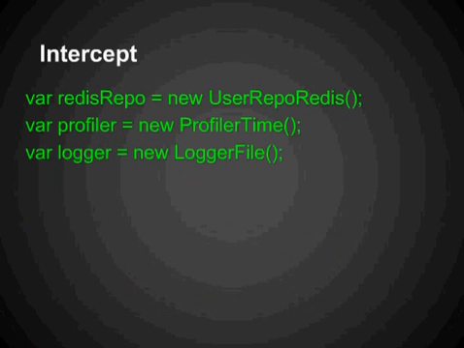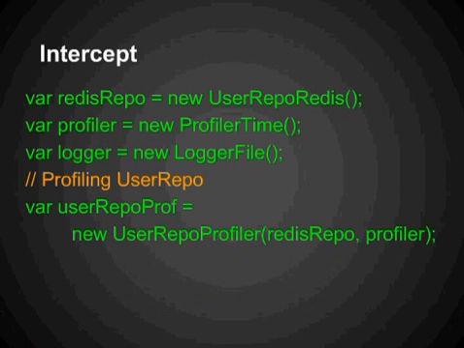I'm going to create a profiler object. You can see it doesn't matter whether I create a Redis one or an S3 one. Doesn't matter whether I create a time one or a memory one or a disk space one. Doesn't matter for the logger whether I create a file one, a MySQL one, a remote logging one, whatever. I'm just going to be programming to the interface.